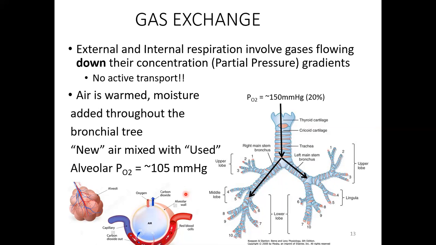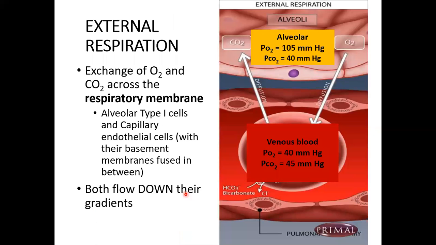Not higher in altitude. Okay, so at the respiratory membrane, we have these partial pressures of oxygen and carbon dioxide, right? And so remember that all of the gases are going to diffuse according to their partial pressure gradient, right?